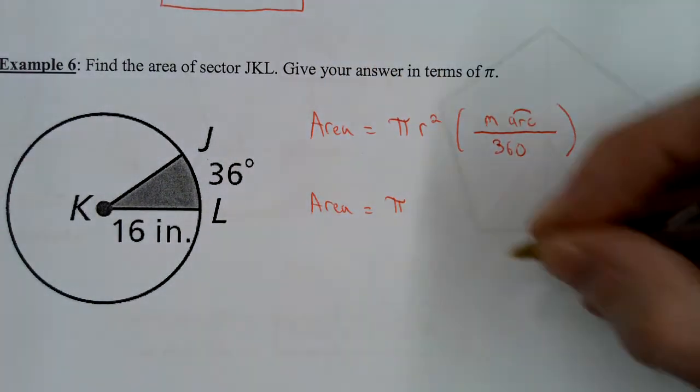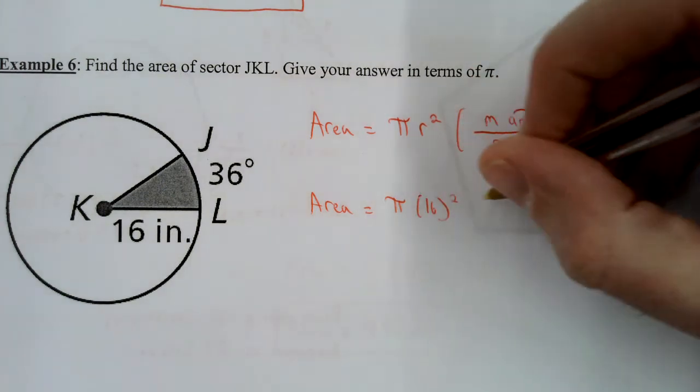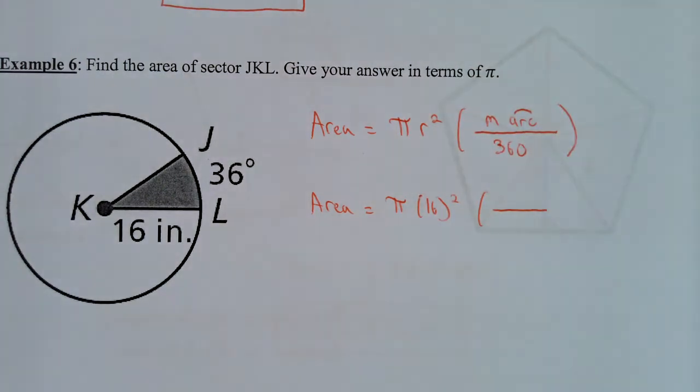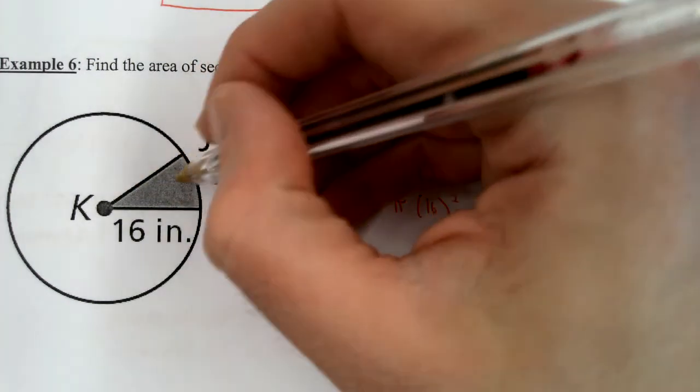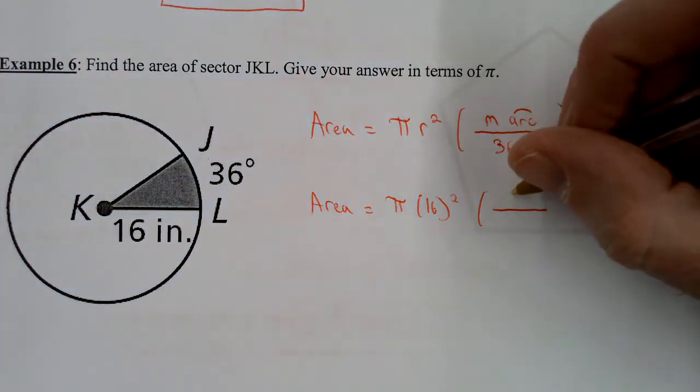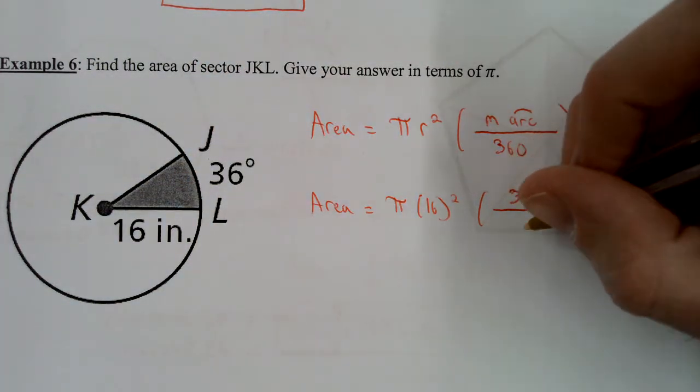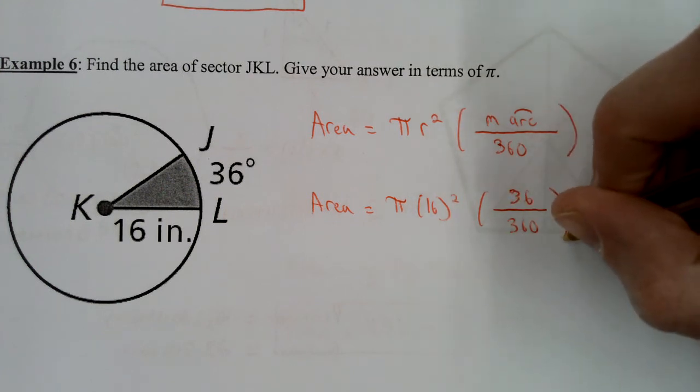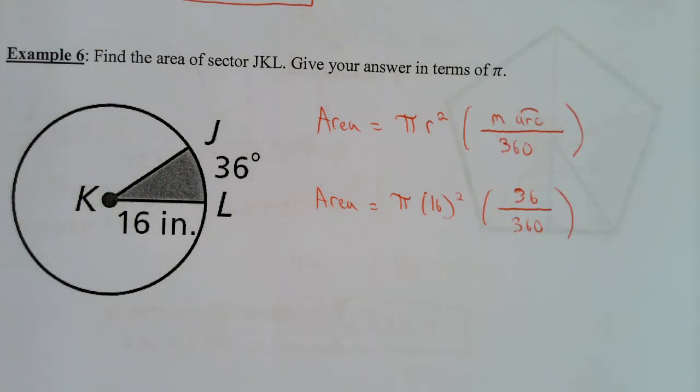Pi times radius of 16 squared. That would give you the entire circle, but we just want this sector, so I'm going to do times 36 over 360. The question said give your answer in terms of pi. That means multiply everything but the pi.